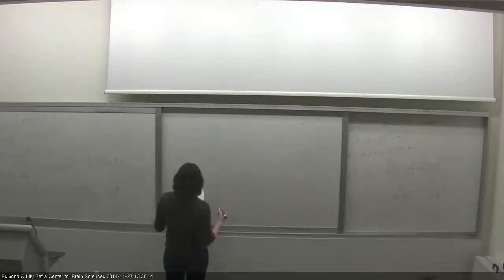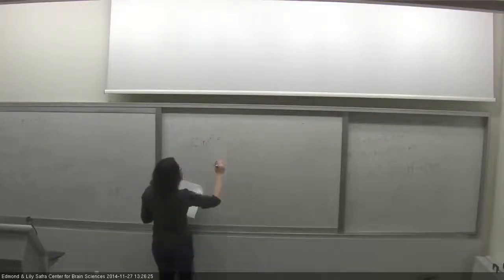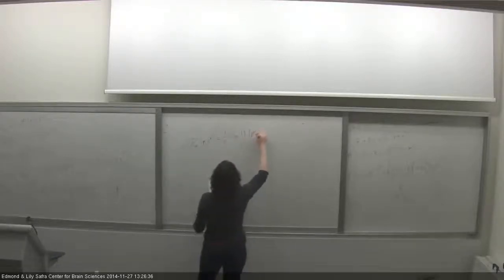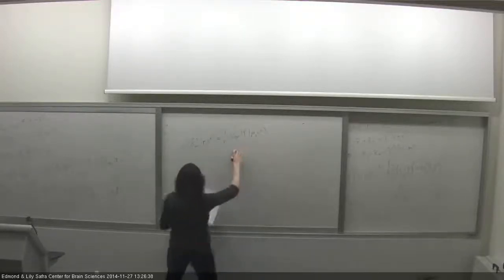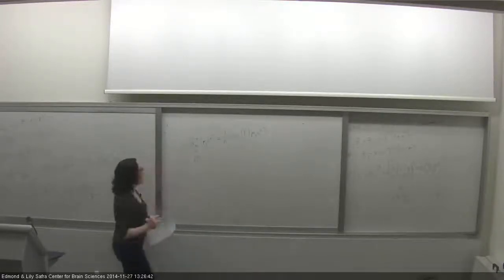Okay, so the variance of the ML estimator, given mu and sigma square, is 1 over n squared times the variance of y, because this equals 1 over n y.